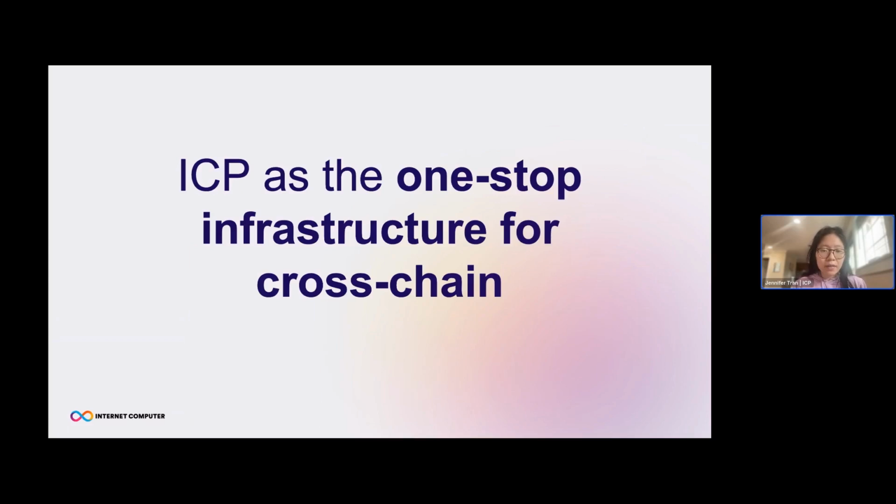But in this case, you can use an ICP canister smart contract to be your one-stop shop, your one-stop infrastructure for interacting with all these different chains. You don't necessarily need a billion wallets on different chains. You might not even need all these smart contracts to manage. ICP can be your one infrastructure.